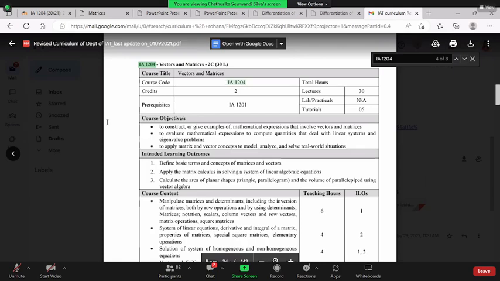So it is an advantage to first learn matrices and then gradually move on to vectors. Okay, so this is the overall curriculum.